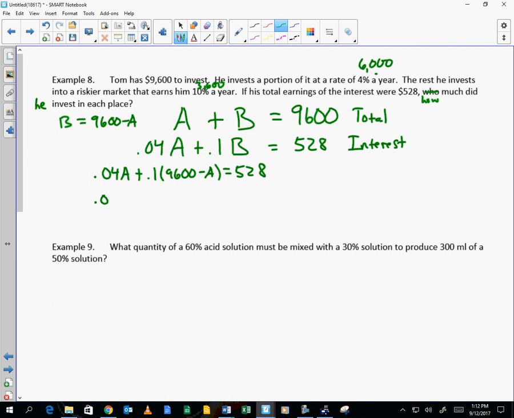So 0.04A plus 960 minus 0.1A is equal to 528. 0.04A and negative 0.1A make negative 0.06A, plus 960 equals 528.